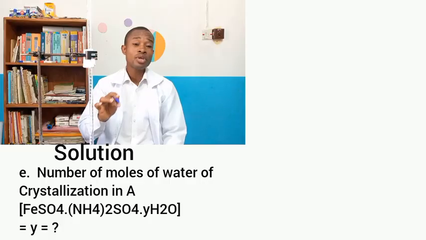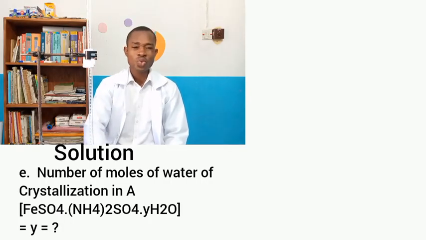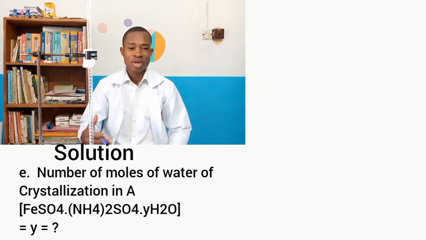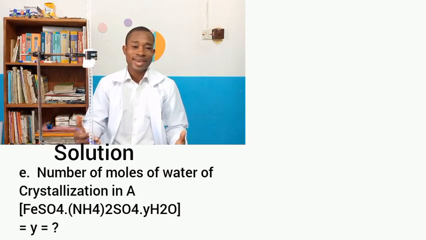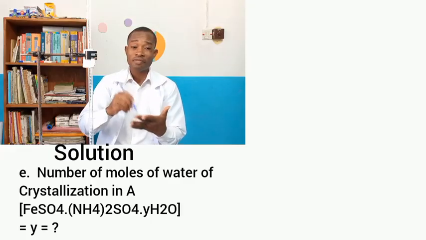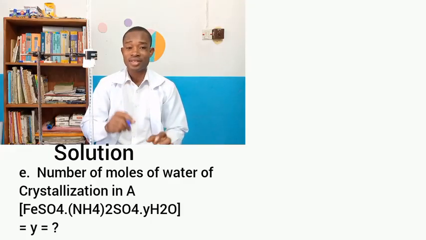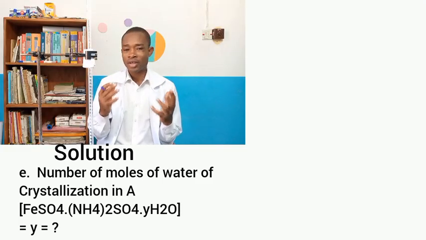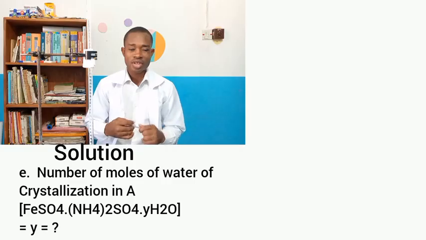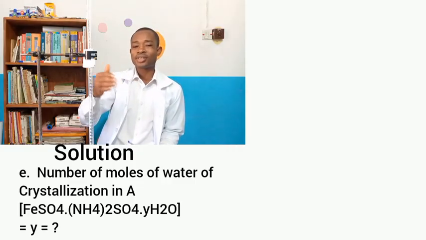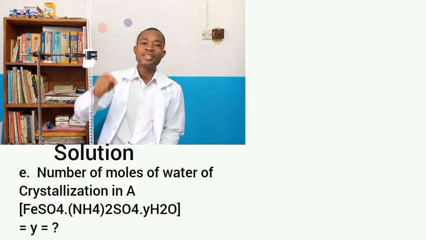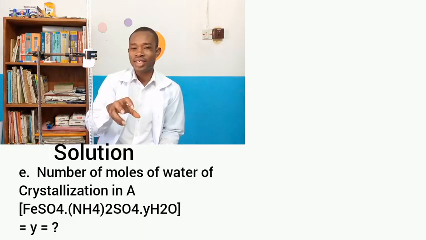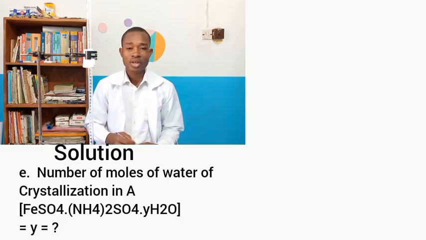But in this case of the ammonium ion 2 sulfate with some water of crystallization, it's not easy for us to get the molar mass at once because of that unknown Y in that compound. So what we're going to do here to get our number of moles of water of crystallization is to find another alternative way of obtaining the overall molar mass of this hydrated crystal.